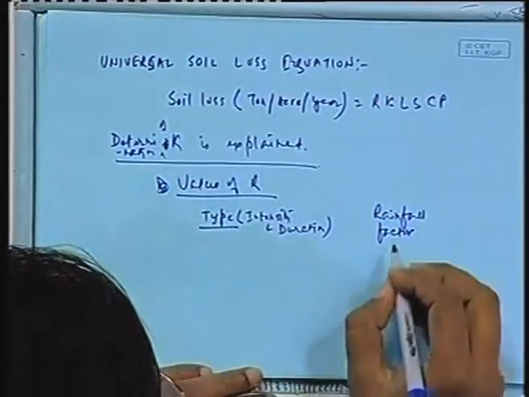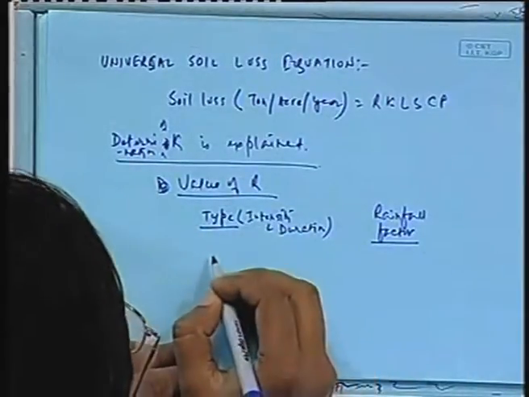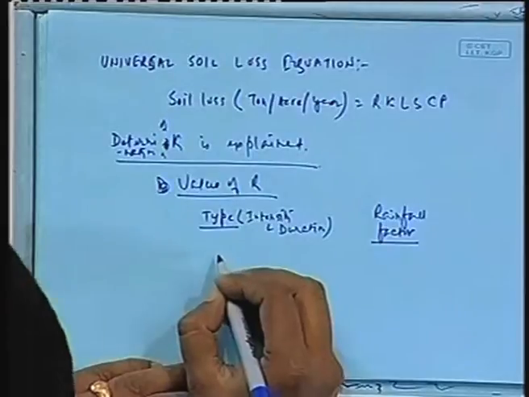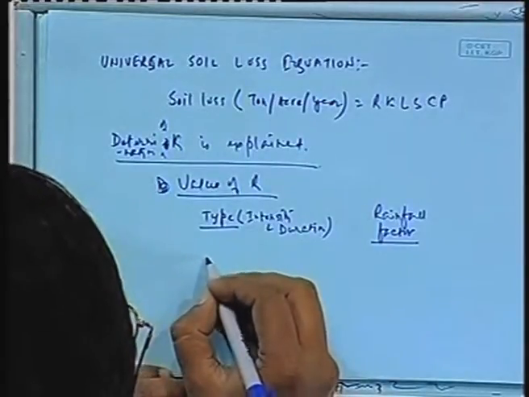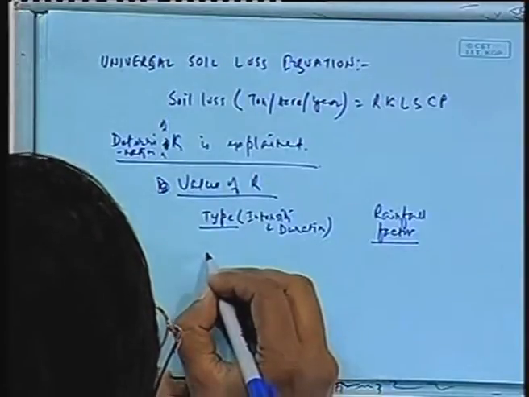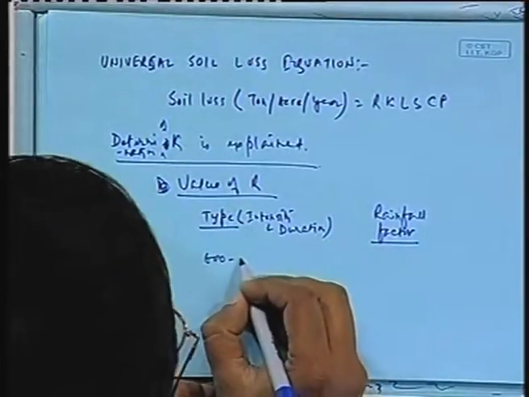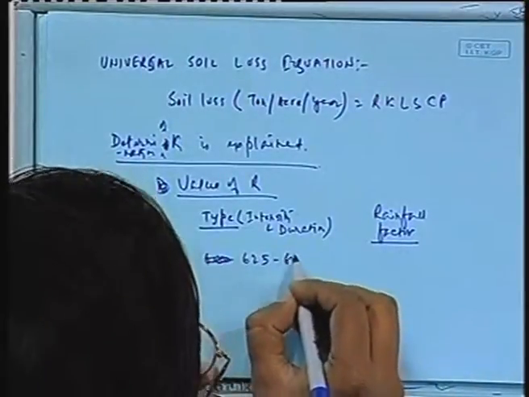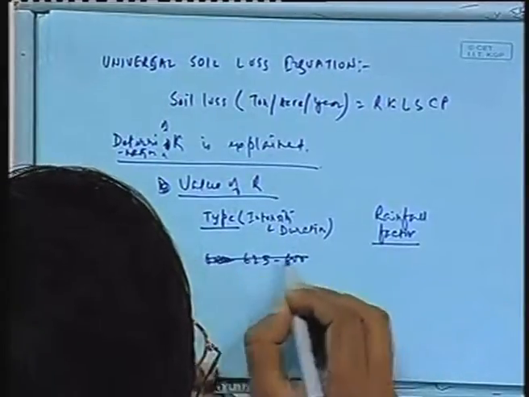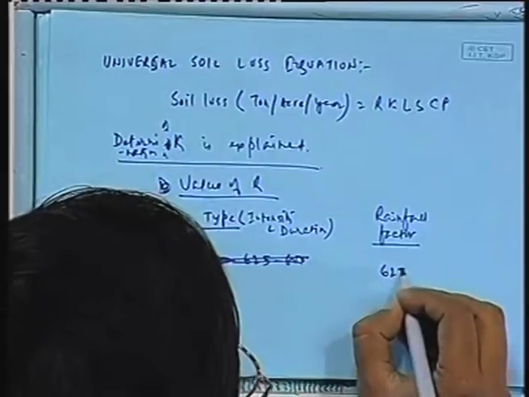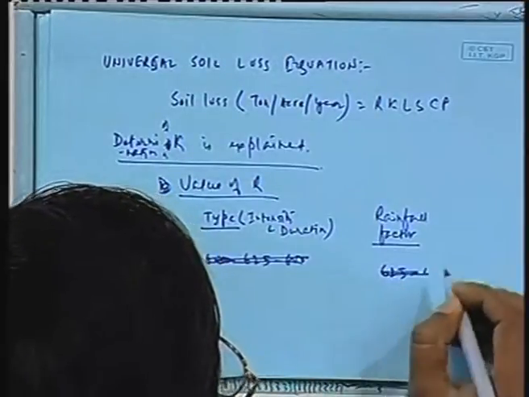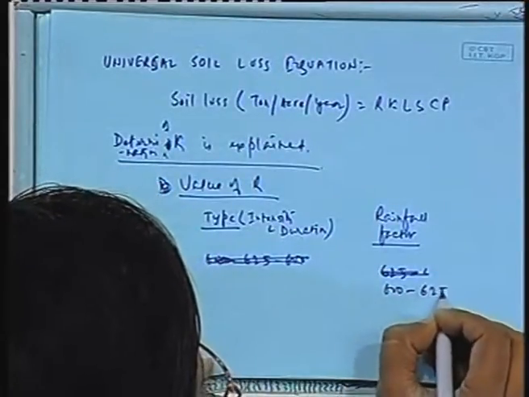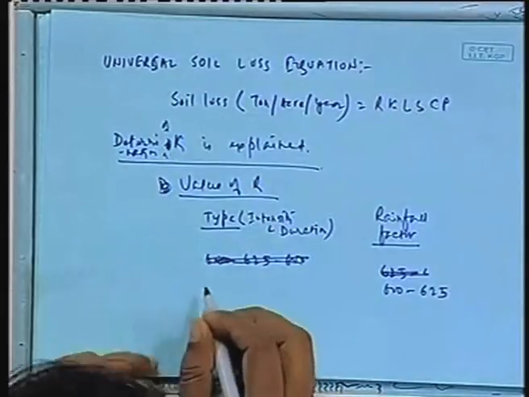The second one is the rainfall factor. To start with, the higher values are between 600 and 625.